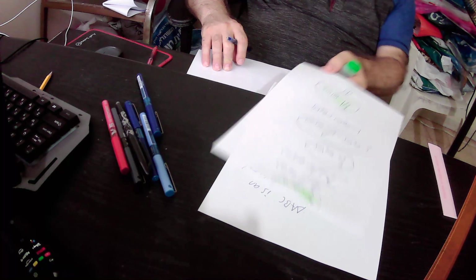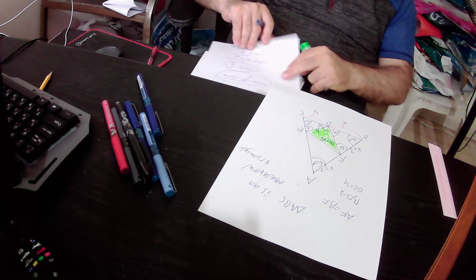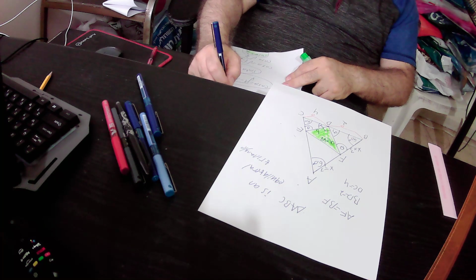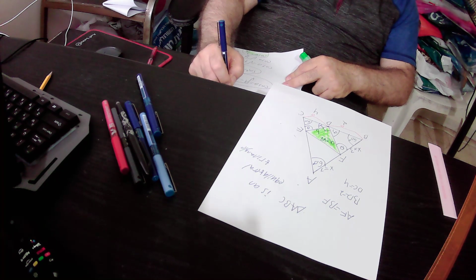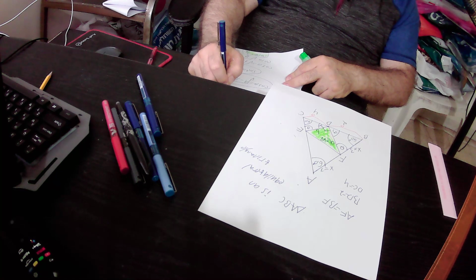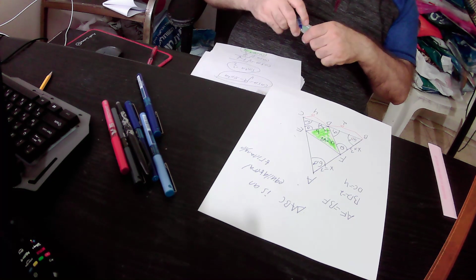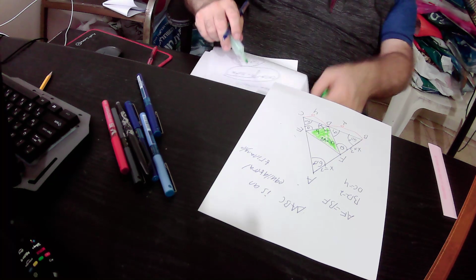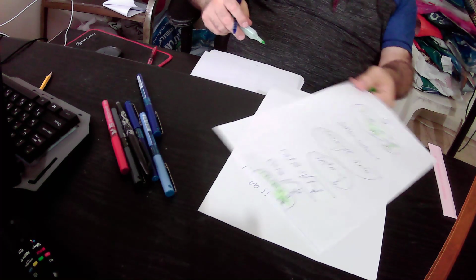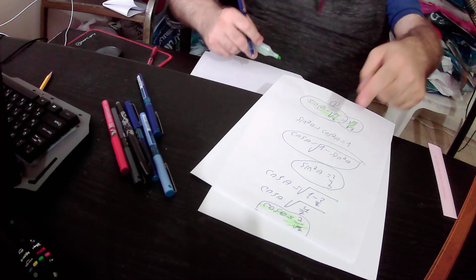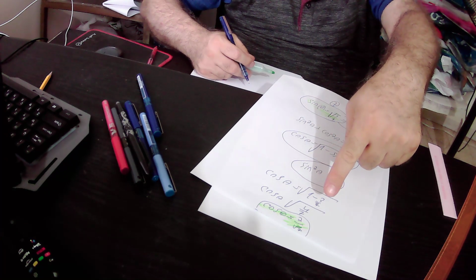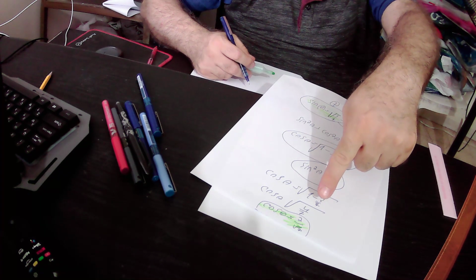Or we can write here that sine theta equals root 3 over root 7. So we know that sine theta equals root 3 over root 7, while cosine theta equals 2 over root 7.